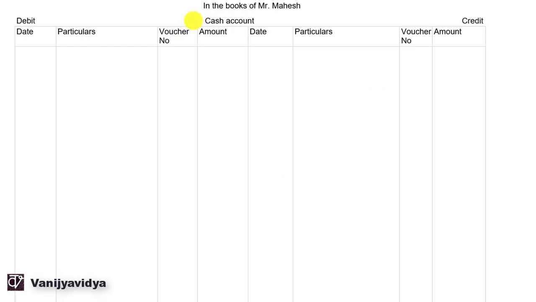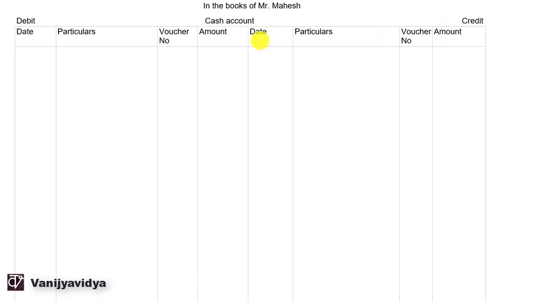Now this is a format of ledger account. We have prepared all the ledger accounts here in the books of Mr. Mahesh. First is cash account. Then you have debit on the left hand side and credit on the right hand side. Then we have date, particulars, voucher number, amount, again date, particulars, voucher number, amount.